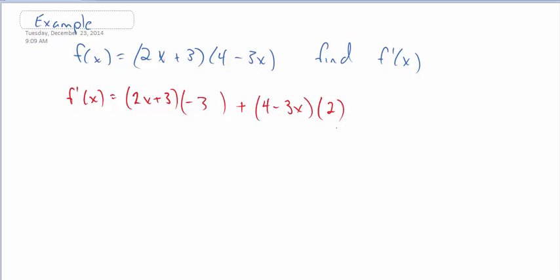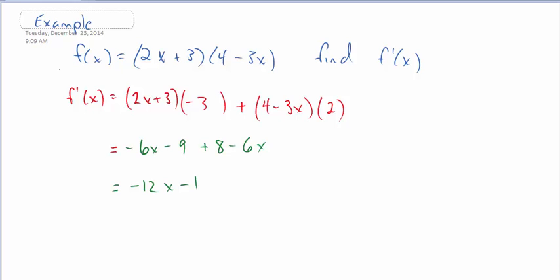And really, we could leave it this way, but if it's just asking us to find the derivative, and we have something simple like some distributing and combining like terms, like we have in this problem, we really need to finish this off and simplify. So our derivative is negative 12x minus 1.